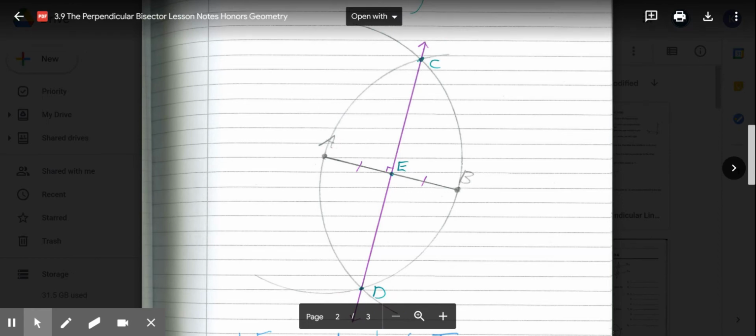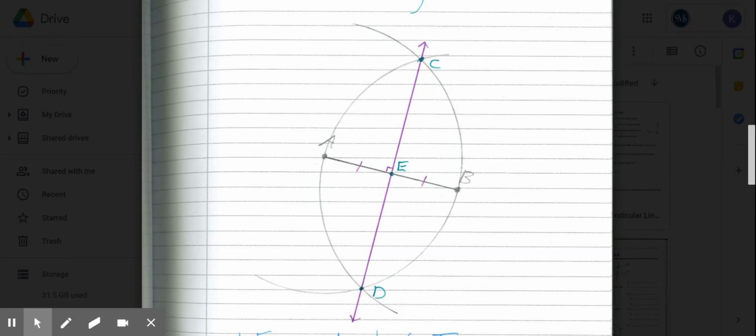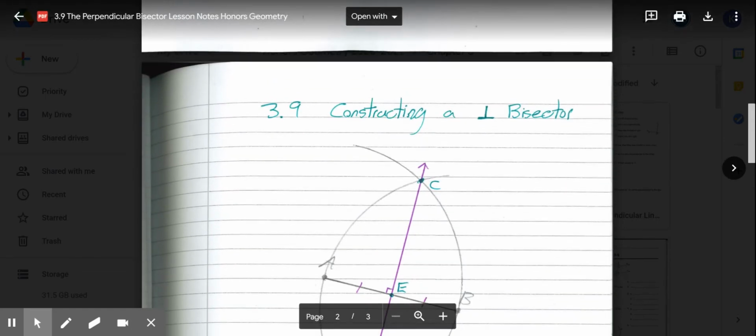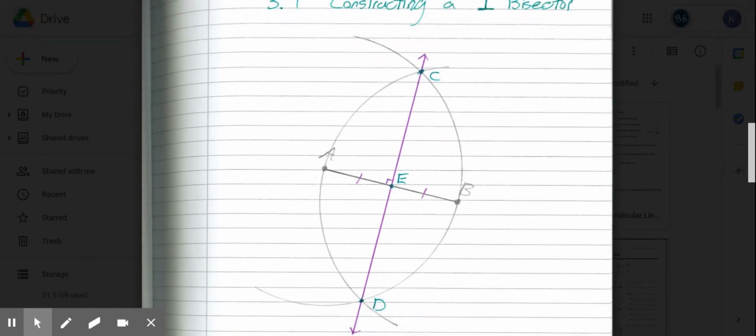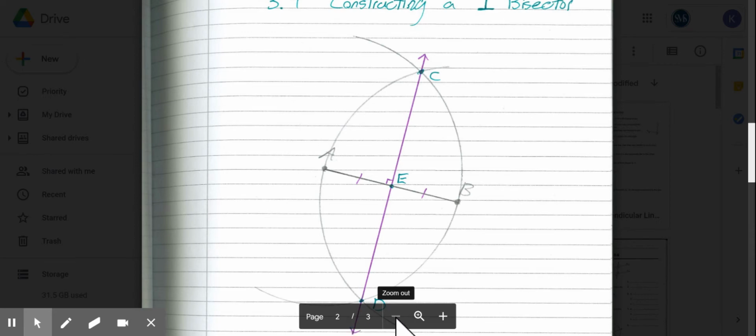You can see I didn't draw the full circles, I only drew partial circles or arcs. Where those circles or arcs intersect above and below your line are the two points that you connect to create your perpendicular bisector. Again, those 5 steps, I'll take you through in another video explaining how to do that step by step.